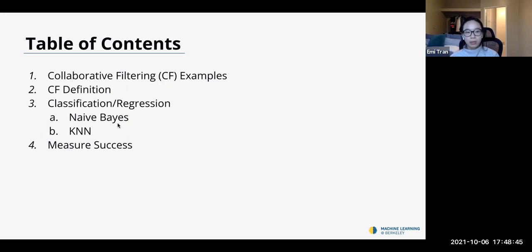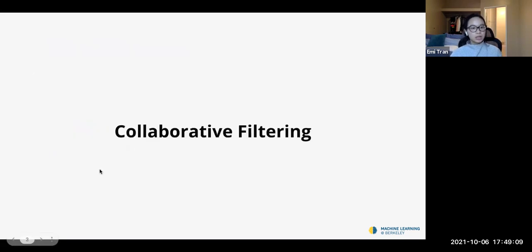This week I'm just going to talk about two of the most used methods for collaborative filtering, which are naive Bayes classifier and KNN, K nearest neighbor. And last, out of all these models, how do you measure success? What are the details of evaluating the success of this model? So without further ado, let's go into collaborative filtering.